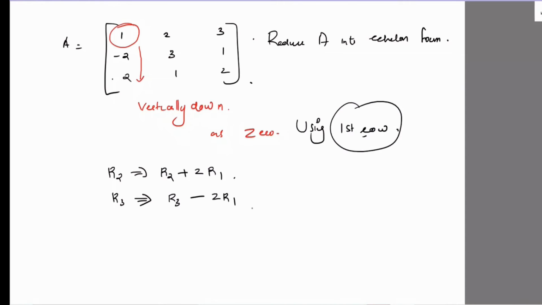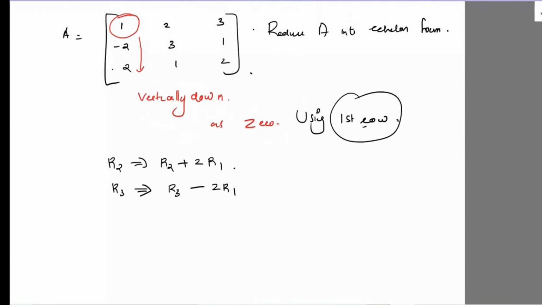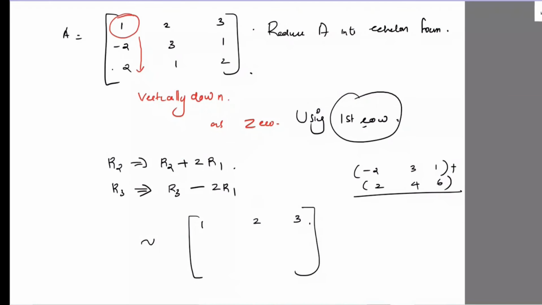So we are using the first row to make all the vertically down elements 0. What will be our new matrix? There is no change in the first row. The first row remains the same, that is 1, 2, 3. And R2 changes to R2 plus 2R1. R2 is minus 2, 3, 1, and 2R1 is 2, 4, 6. So by adding, we will get 0, 7, 7.